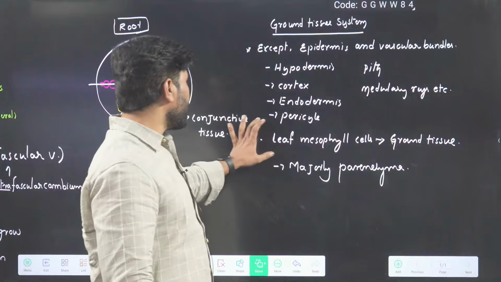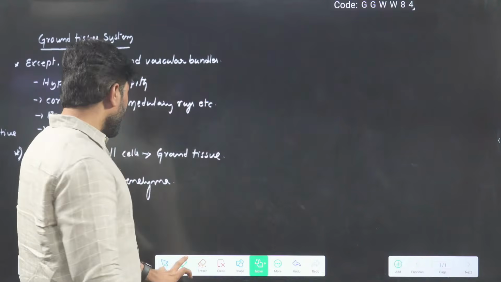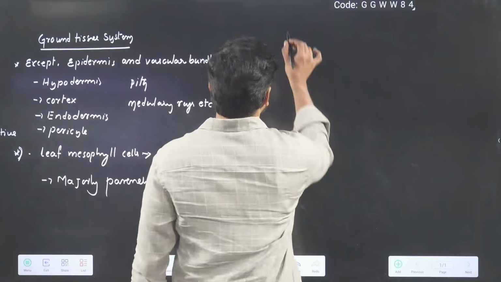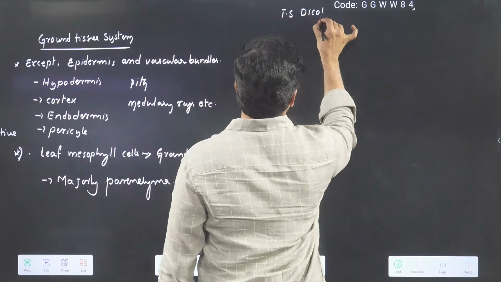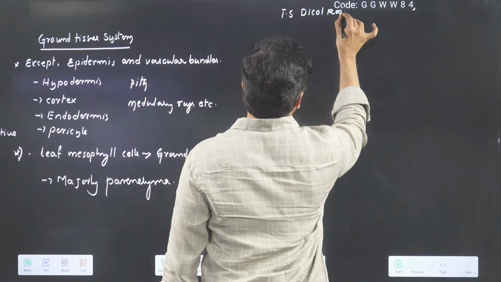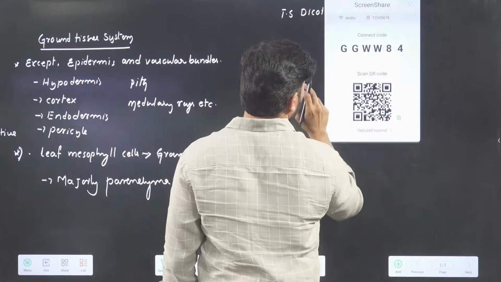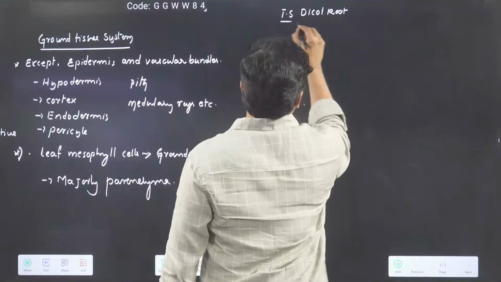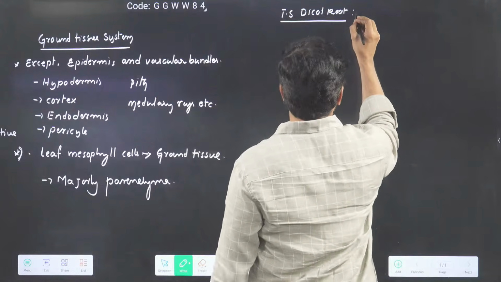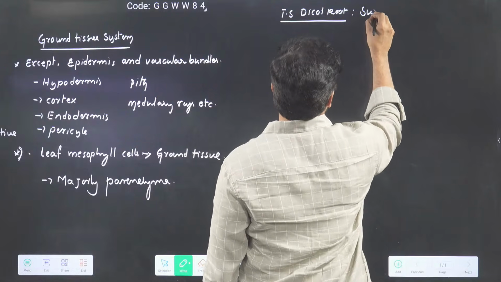Next, we have to talk about the TS of dicot root and monocot root. Transverse section of dicot root. The example of dicot root transverse section is sunflower.